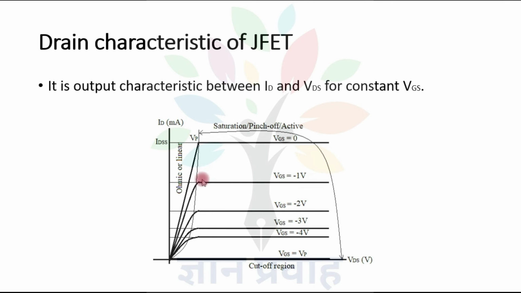It means maximum saturated current decreases here, and in case of VGS equal to -1, IDSS is here. It means it is less as compared to IDSS when VGS equal to 0. When VGS equal to VP, in this case, the drain current is approximately equal to 0. So that is the condition for cutoff region.